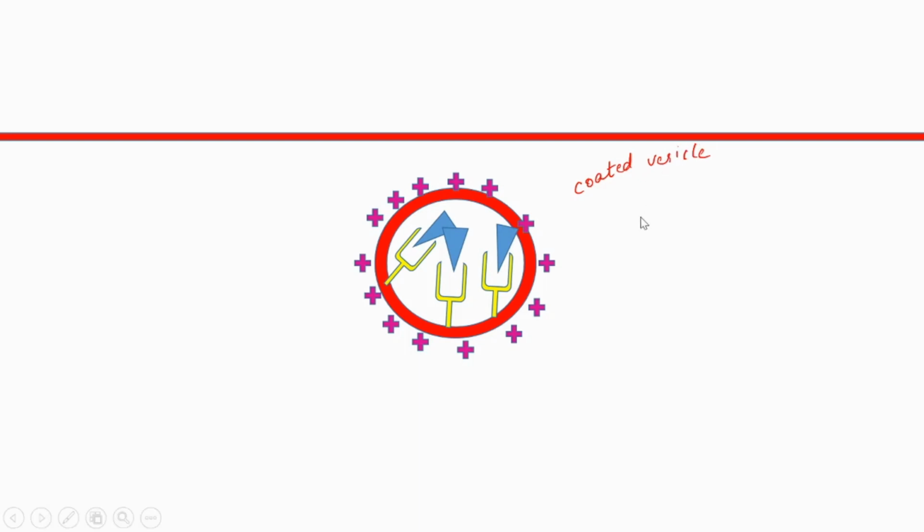Then what happens next? That coated vesicle loses its clathrin coat. And what happens to that clathrin coat? The clathrin coat released from that vesicle is recycled back to the plasma membrane.